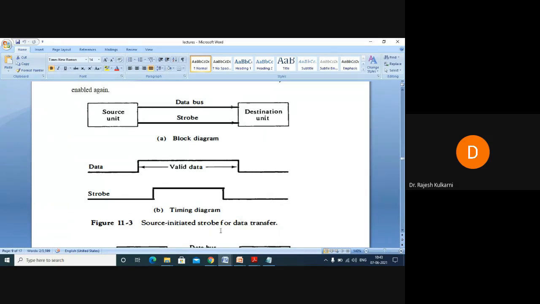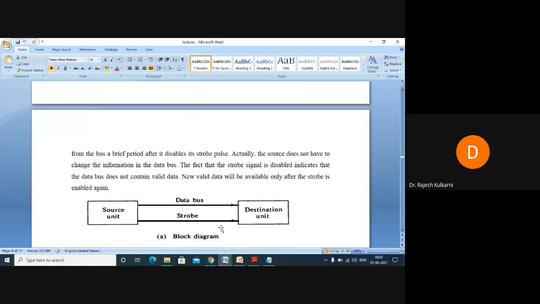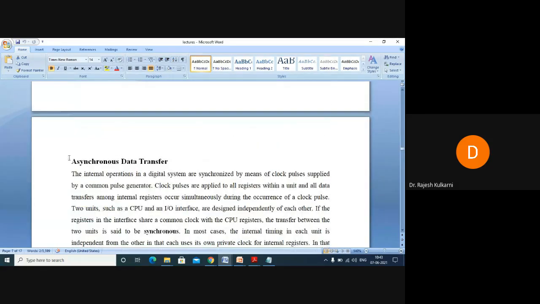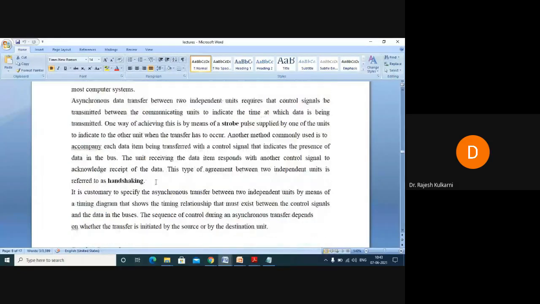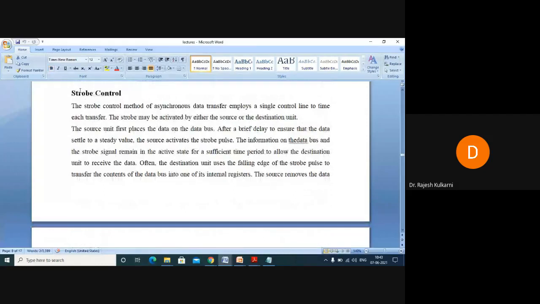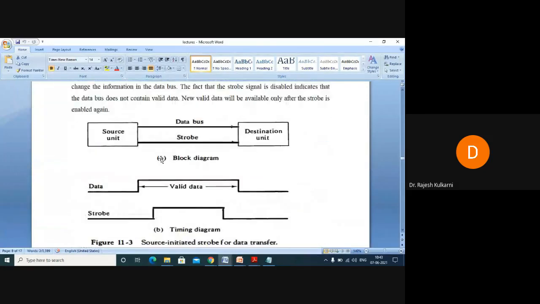This is strobe transfer. Strobe is used for asynchronous data transfer. Look at the heading here: asynchronous data transfer, one technique is strobe pulse. That strobe control only we are trying to explain here. Here, there is a source, there is a destination.